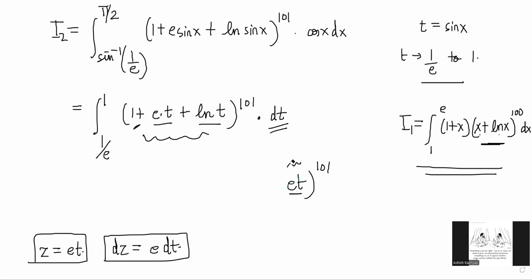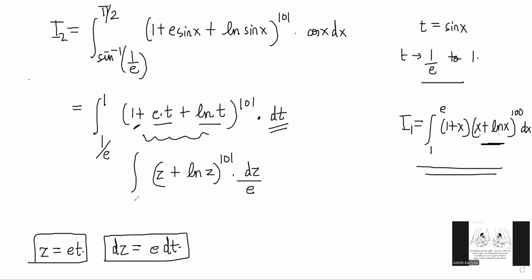So what I will get is inside here, instead of et plus ln et, I get (z plus ln z) whole to the power 101. Instead of dt, I will put dz by e. And up top here, the limits, when t is 1 by e, z is equal to et will become 1. And when t is 1, it will be e.